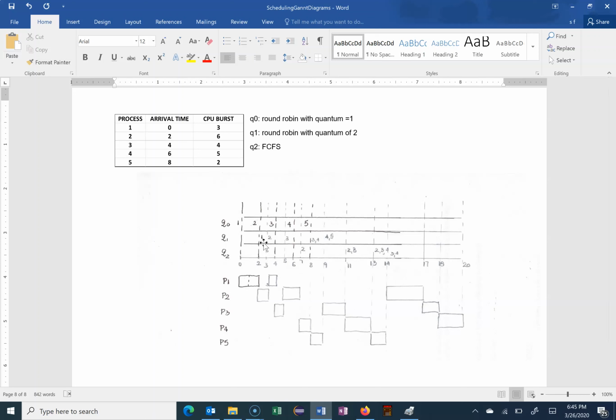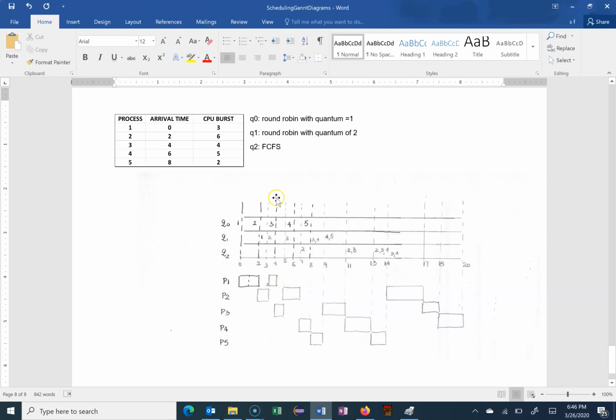So process 1 is scheduled from Q1. So theoretically, it's allowed to execute 2 units of time. However, process 1 will execute only 1 unit because it's done with its CPU burst. Process 1 is done with its execution at moment 4.